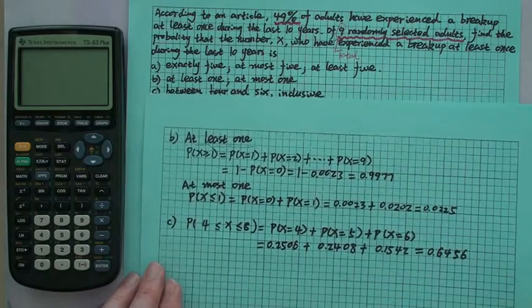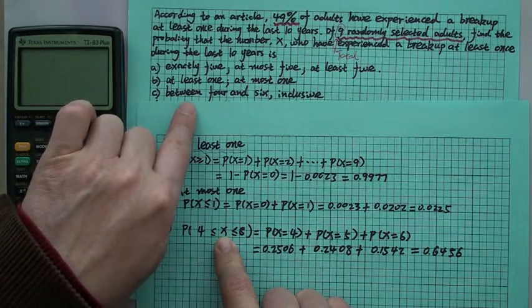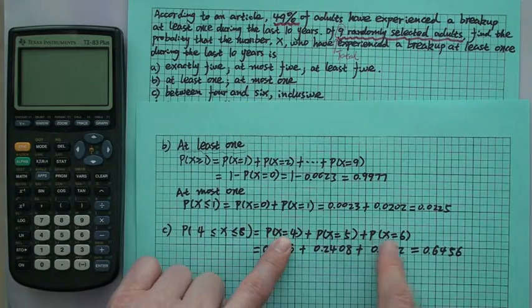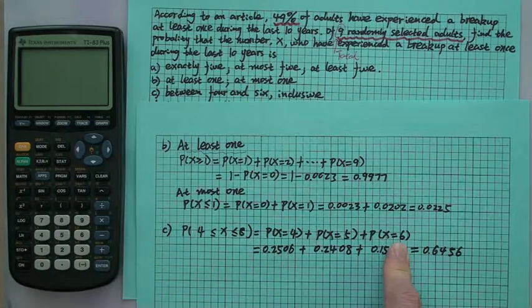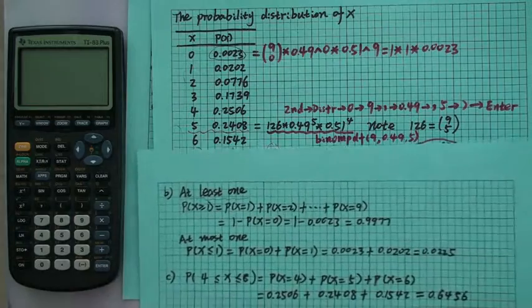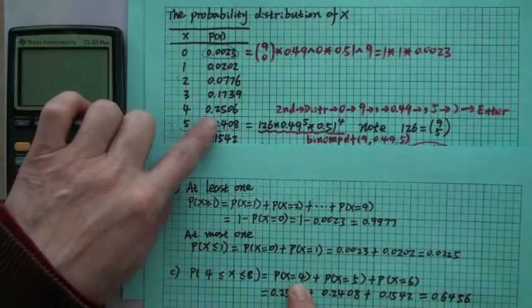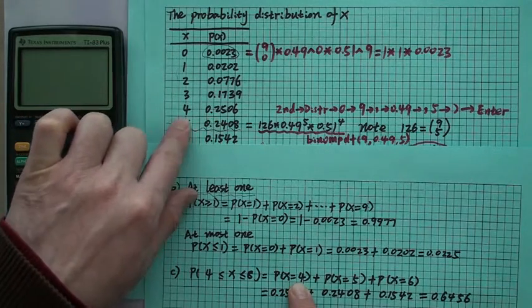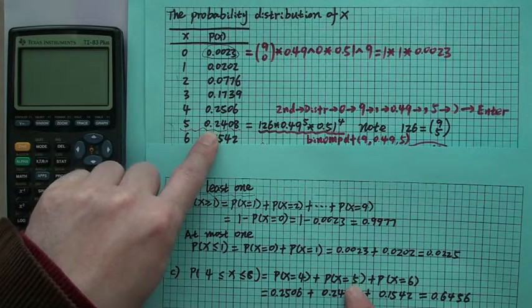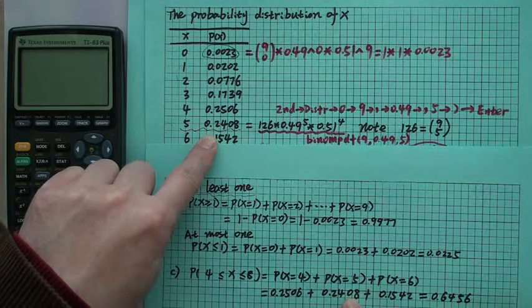Now look at C. C is between 4 and 6, so we have 4, 5, 6. Down here, X is 4, the probability is 0.2506. X is 5, the probability is 0.2408.